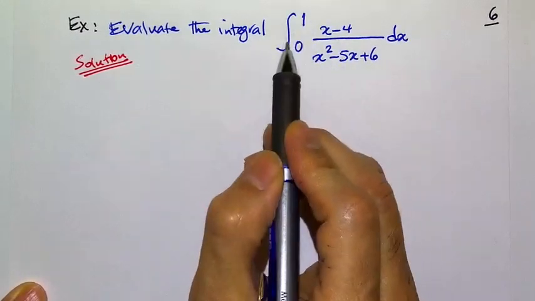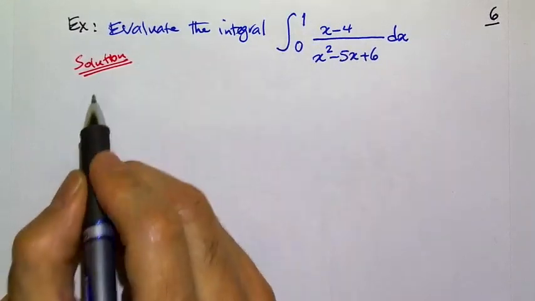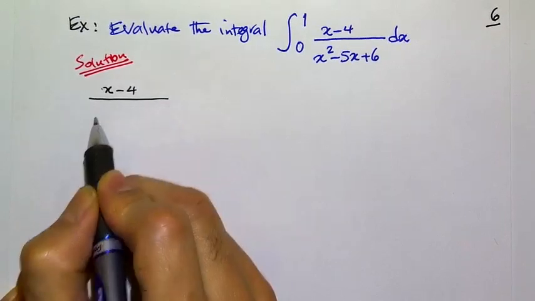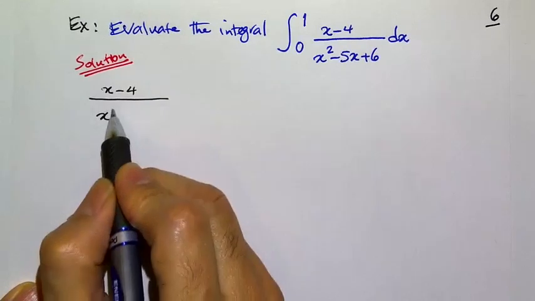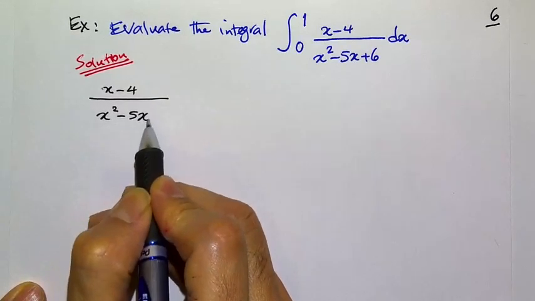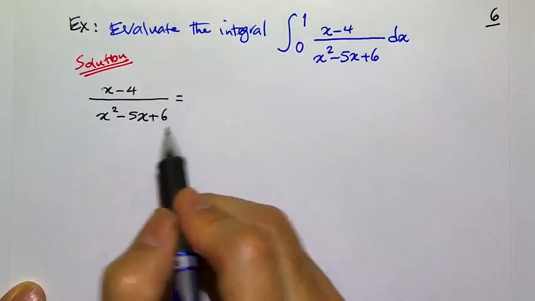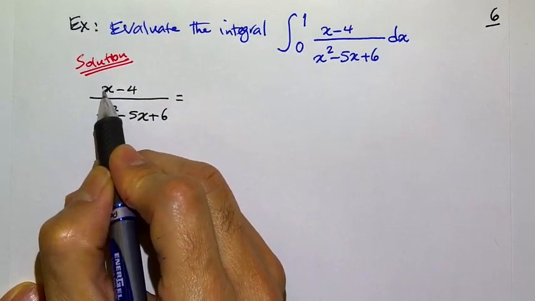Now, before we apply the integration, we need to break this up, right? So (x − 4) divided by x squared minus 5x plus 6. This is a simple quadratic expression. We can factor this, right?